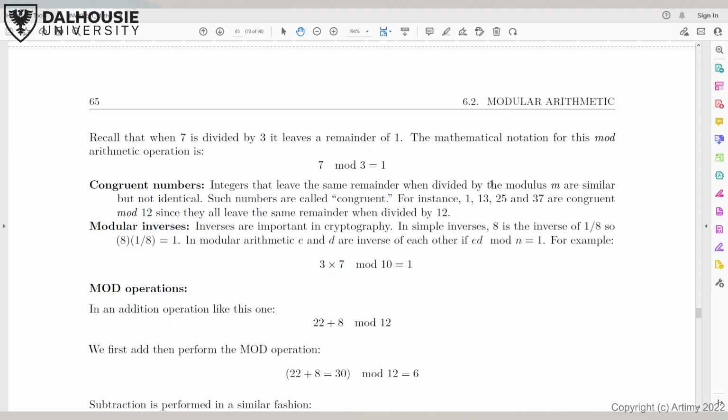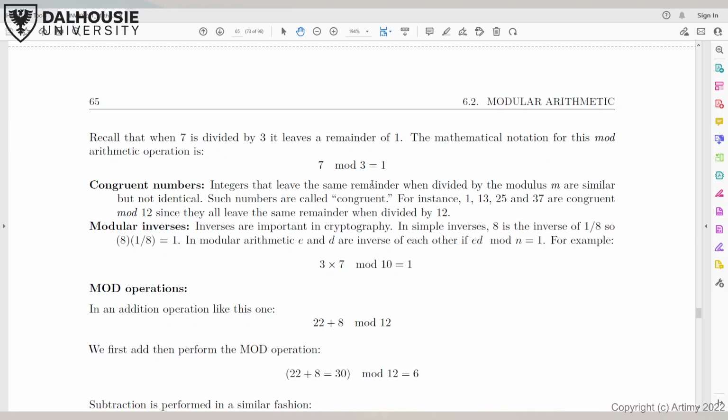A few things that we need to understand. The first thing is what's called congruent numbers. If any two numbers are divided by modulus m and the result, the remainder, is the same, then we consider them to belong to this set.